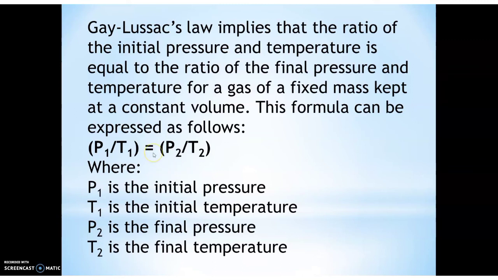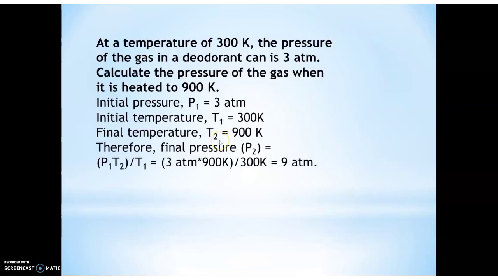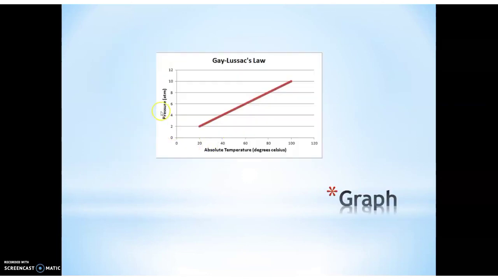So this formula is similar to Charles law: P1 by T1 is equal to P2 by T2, where P1 is the initial pressure, T1 is the initial temperature, P2 is the final pressure, T2 is the final temperature. This is the graphical representation of Gay-Lussac's law. Pressure is directly proportional to the absolute temperature.